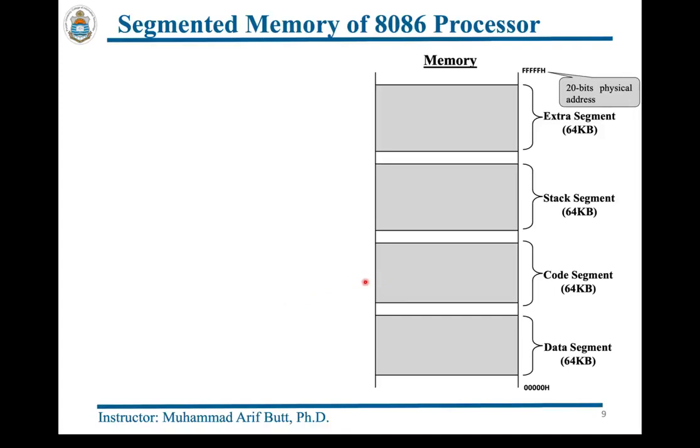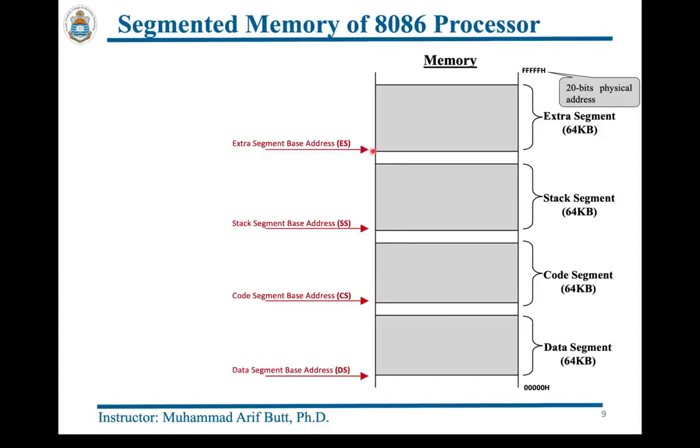Segmentation is a process in which the main memory is logically divided as shown over here into different segments, and each segment of course has a starting address of its own. You can see, if the addresses are starting from here, this is the base address of the data segment, this is the base address of the code segment, this is the base address of the stack segment, and this is the base address of the extra segment, and this is what is shown over here inside the arrows.